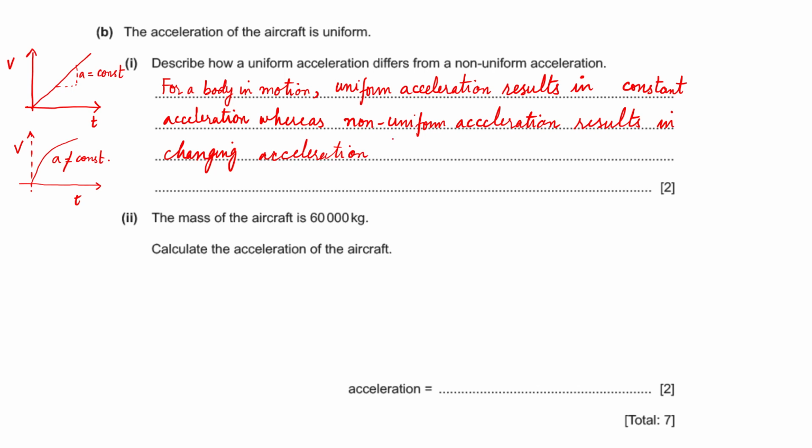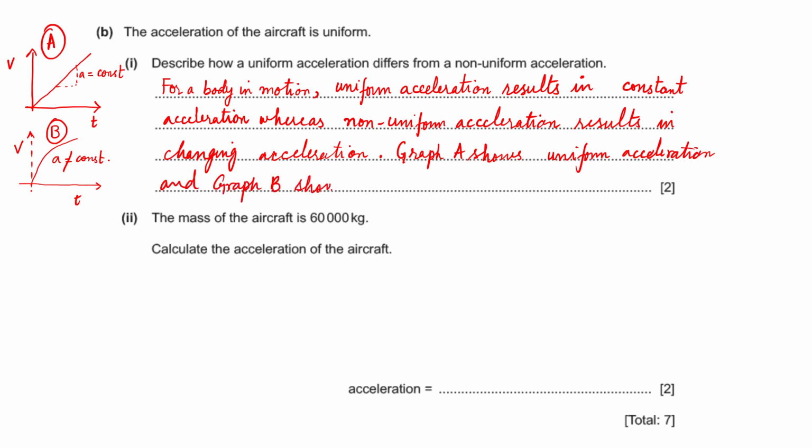So this is the simplest way to describe it, and you can also say that, say graph A, and you can also label graph B. Graph A shows uniform acceleration, and graph B shows non-uniform acceleration.